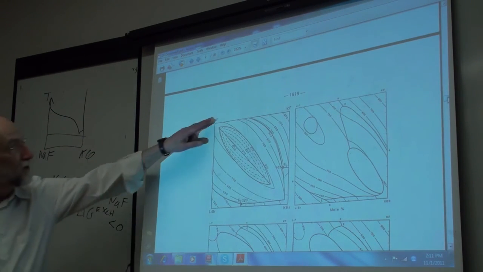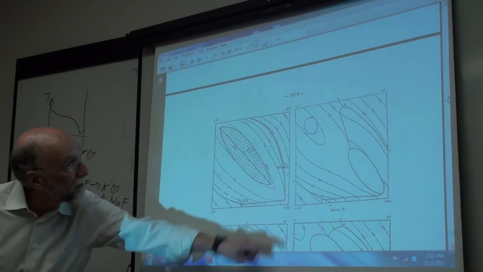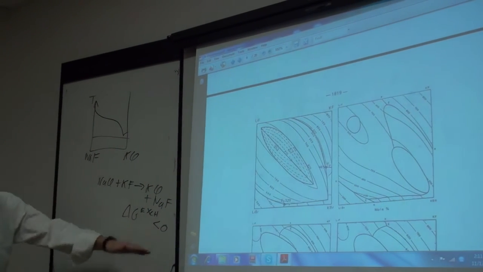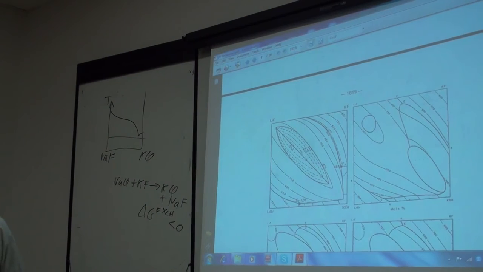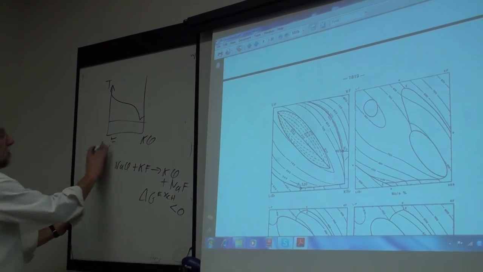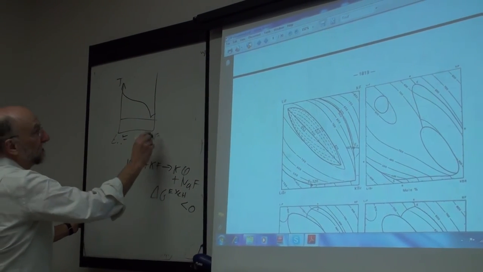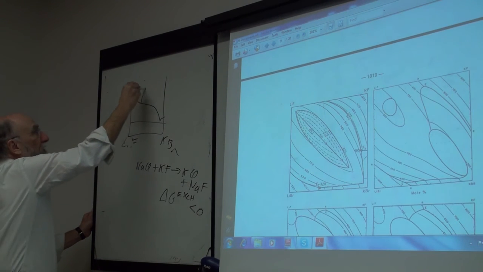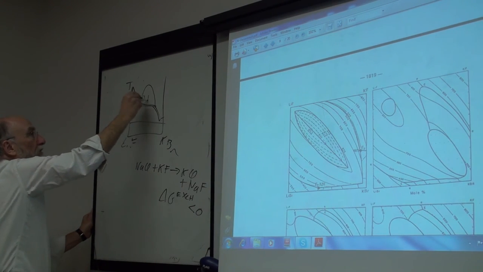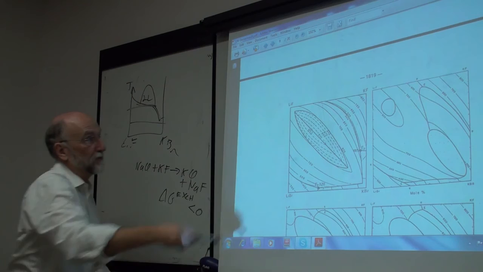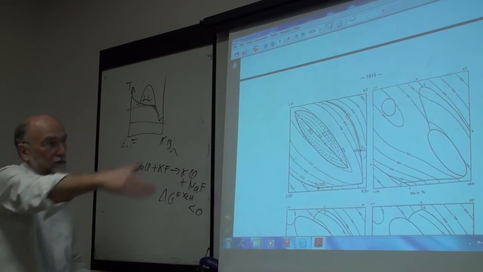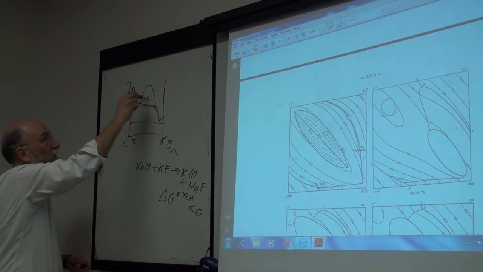The stable diagonal is lithium, the stable pair is lithium fluoride, potassium bromide. Delta G exchange is negative. And what's happened is if you're going along that diagonal from lithium fluoride to potassium bromide, it actually ends up with two liquids. This is a miscibility gap along here. Two liquids centered along the stable diagonal.